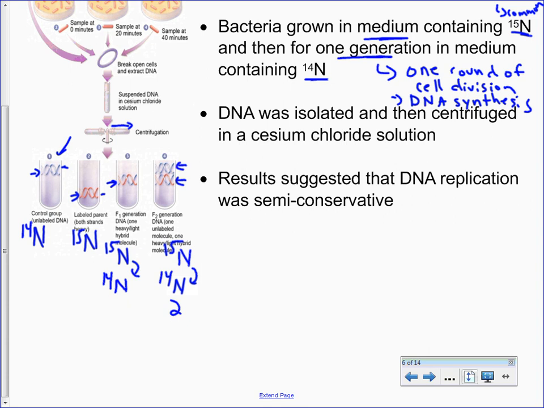But they also found a second band that was found at a higher location than the other DNA band. And this was at a similar location to bacteria that were just grown in nitrogen-14 only medium. So these results suggested that DNA replication was semi-conservative.